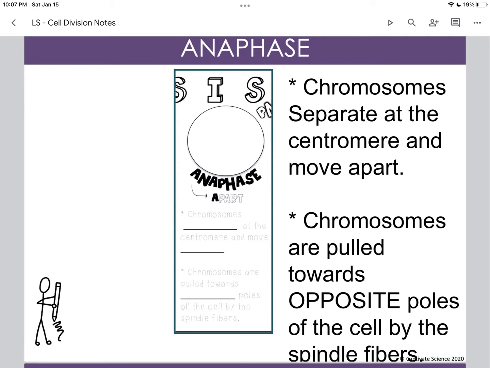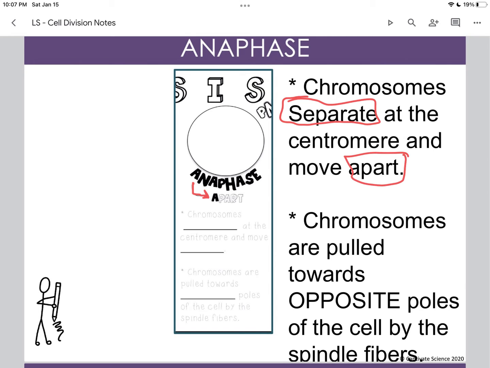The next phase is what we call anaphase. And notice in this diagram, you have an arrow going to this word apart. Anaphase, apart. So in metaphase, we were coming together. In anaphase, we're coming apart. So at this phase, chromosomes separate, and you're writing the word separate, at the centromere and move apart.